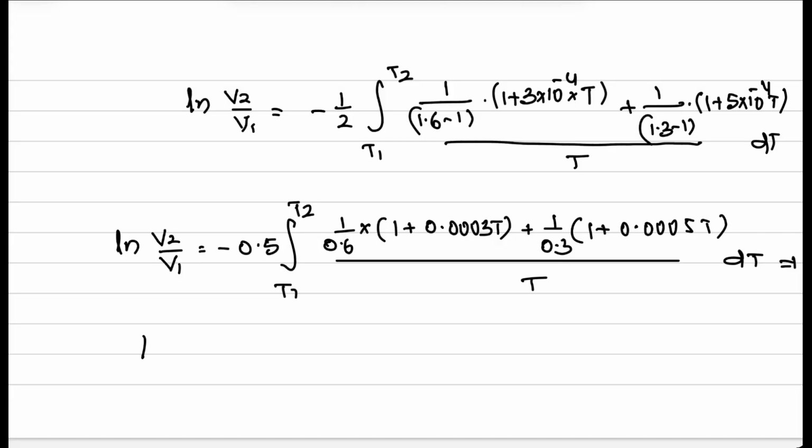That implies ln V2 by V1 is equal to minus 0.5 into integral T1 to T2. What is 1 by 0.6 plus 1 by 0.3? 1 by 0.6 is around 1.6.